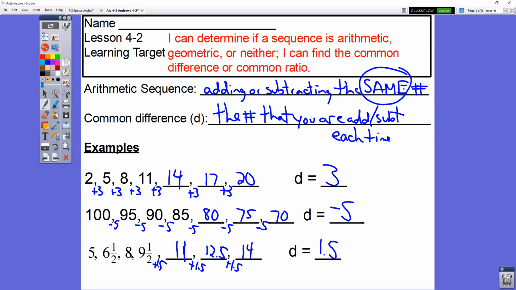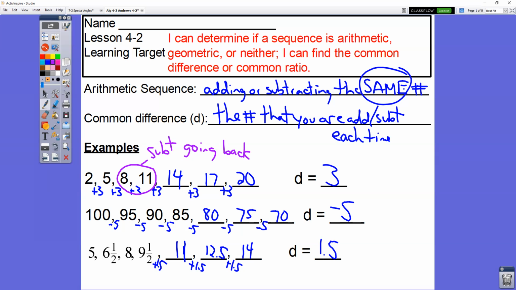Now, if you can't figure out what you're adding by, what you can do is actually work backwards. One of the things that you can do to try and figure out what your common difference is, is just take 2 of the numbers in the pattern and subtract going backwards.